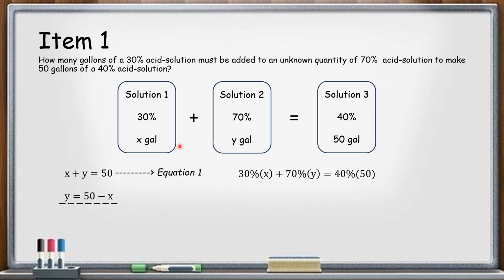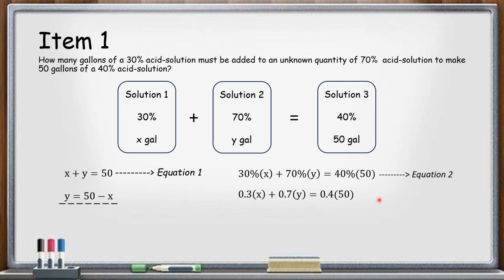So 30% of x gallon plus, the next one is the same, 70% acid solution times y gallon, and equal to 40% of the 50 gallons. If we continue, I will first convert the percentages into decimal points. We'll call it equation 2. Once we convert it to decimal points, it will look something like this.